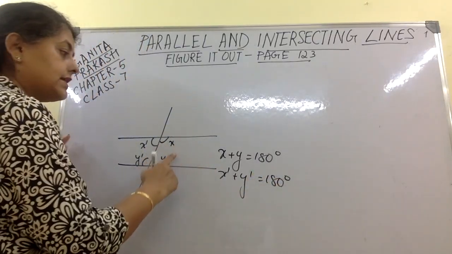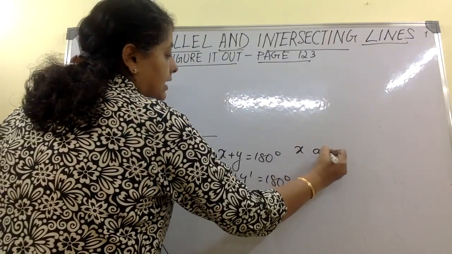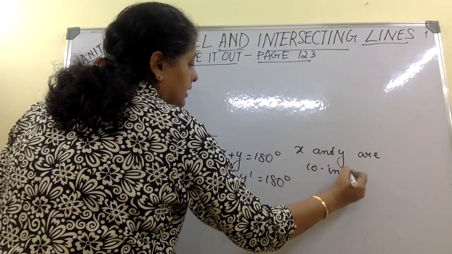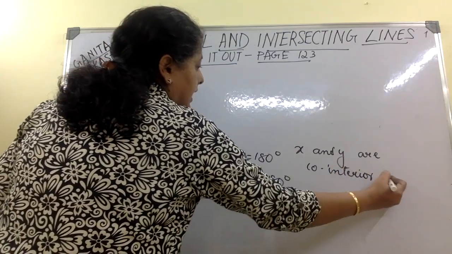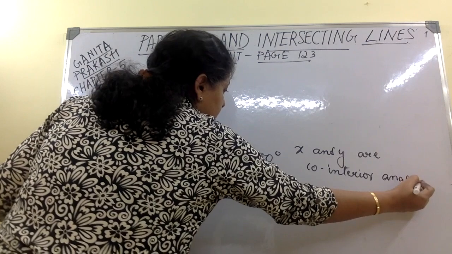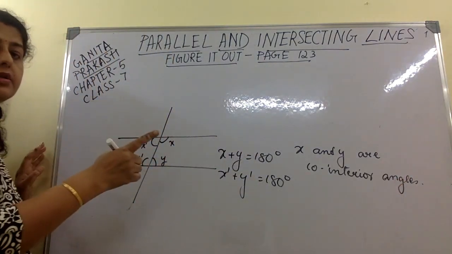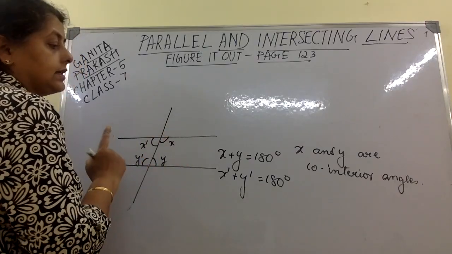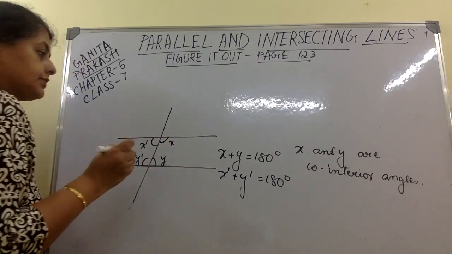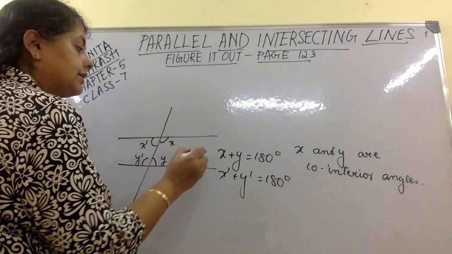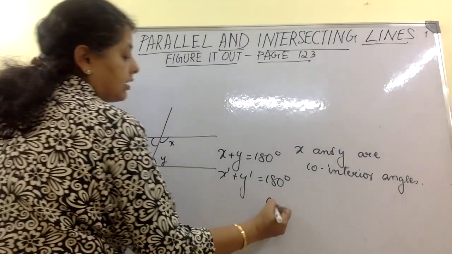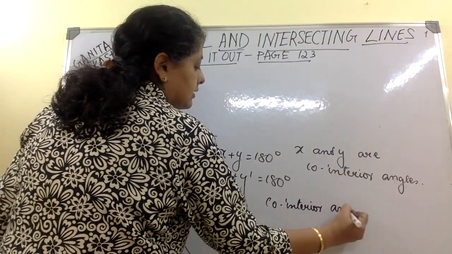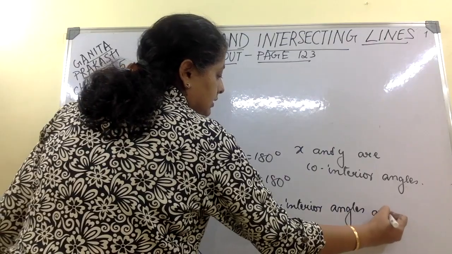This set of angles x and y are called co-interior angles. Co-interior angles are always supplementary.